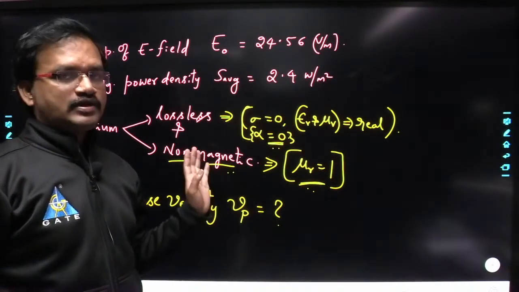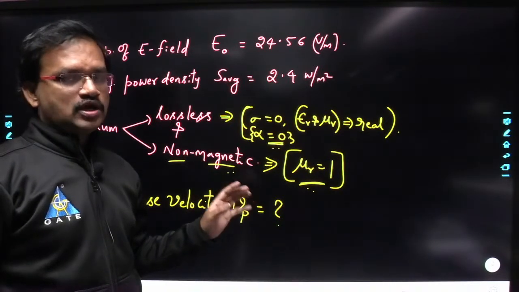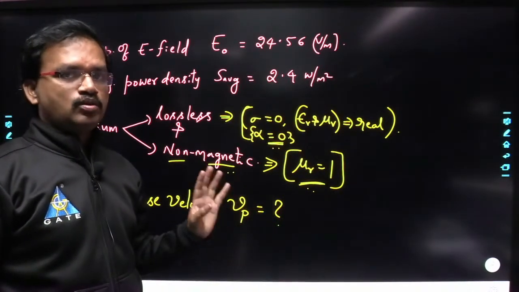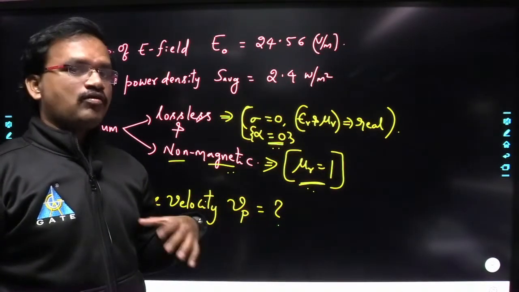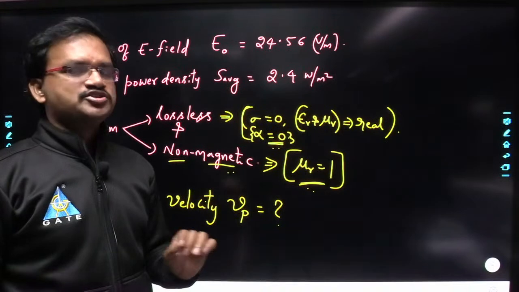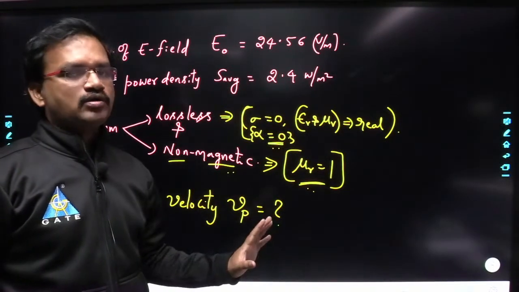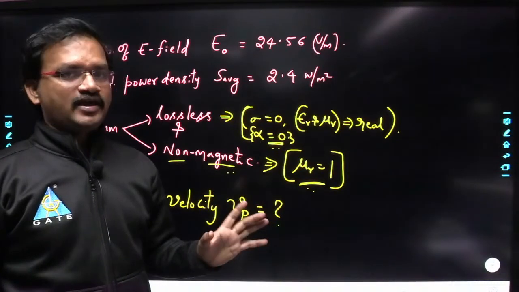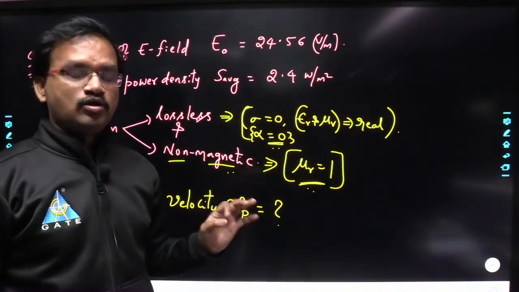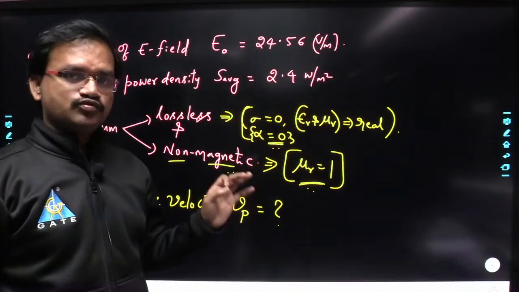Mu r value is 1 because they have given a non-magnetic medium, but you don't know the epsilon r value. Only if they have not given any clue to determine epsilon r value, in that case you have to consider epsilon r value as 1.